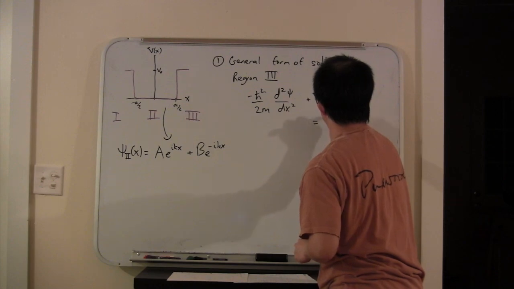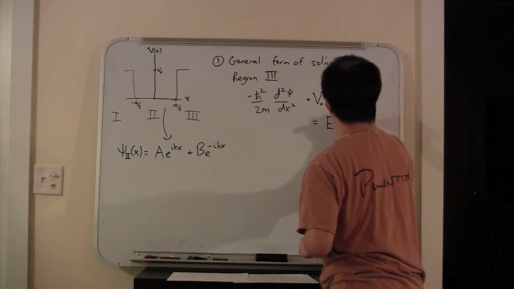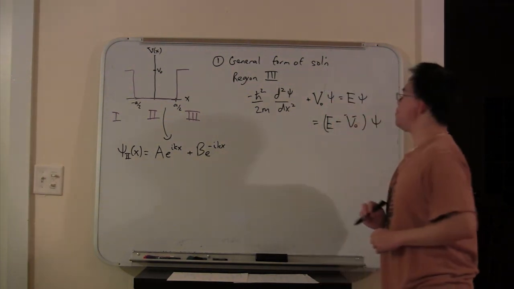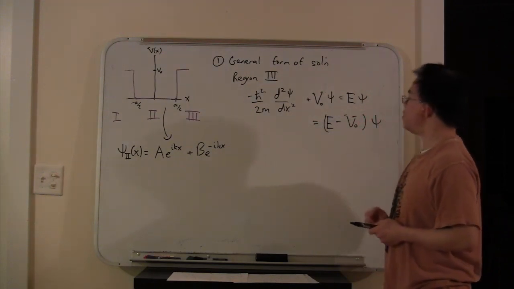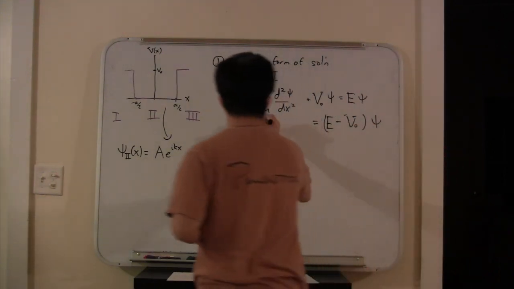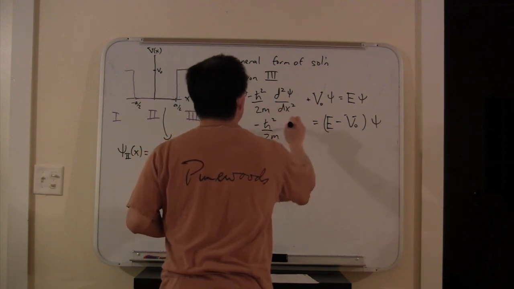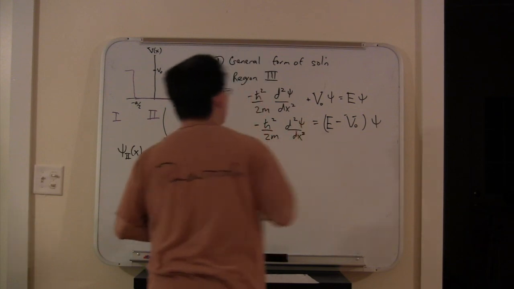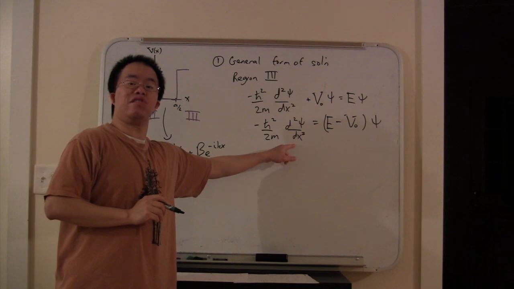So I have E minus V naught times psi from subtracting V naught psi from both sides. And that gives me here my kinetic energy term.